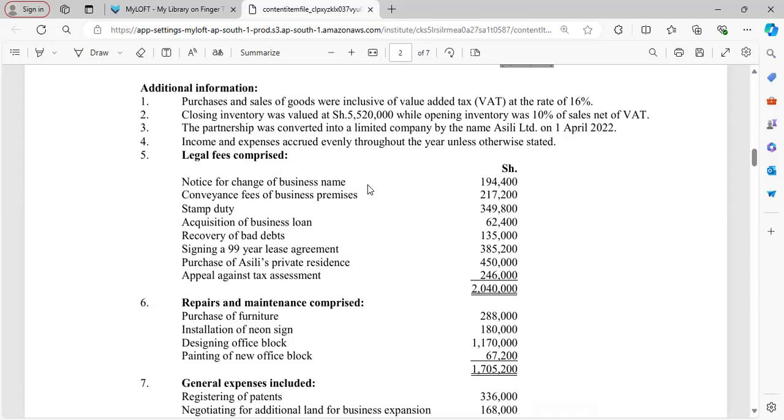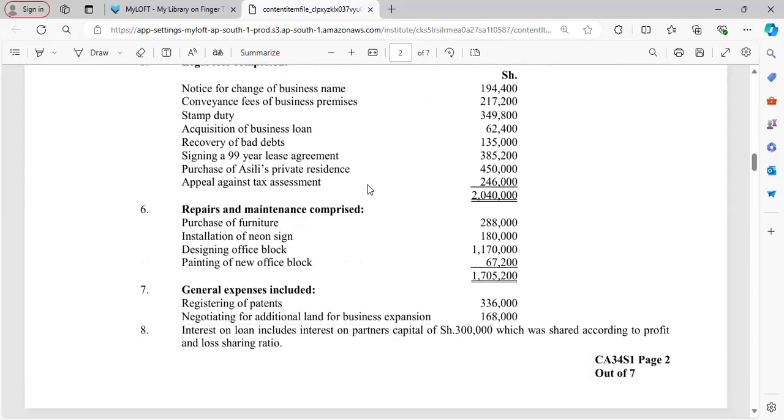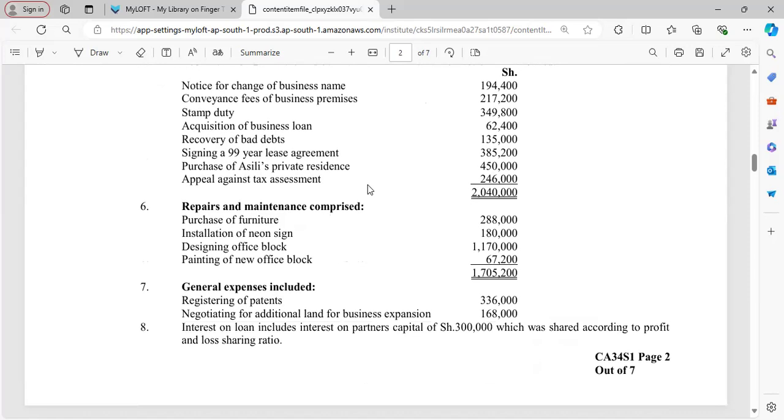Legal fees comprised notice for change of business name, conveyance fees of business premises, stamp duty, acquisition of business loan, recovery of bad debt, signing a 99-year lease agreement, purchase of Asili's private residence, appeal against tax assessment.